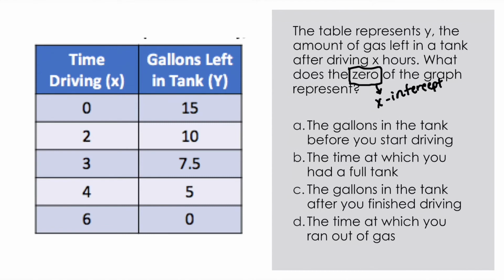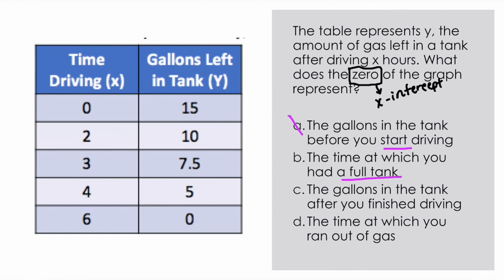Okay, so the x-intercept is when we run out of something, or we have no height. Something hits the ground. So is it the starting amount? Is that where we start? Is that the time when we had a full tank?